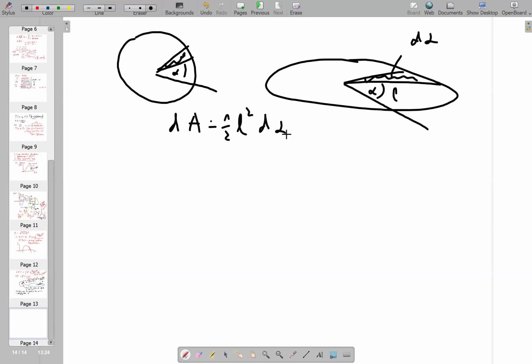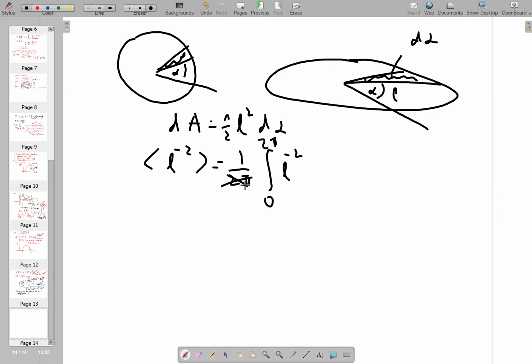Okay, so we can proceed with our calculation. Now the average of L to the power of -2 is averaging over angle, which is 1 divided by 2 pi, integral from 0 to 2 pi of L to the power of -2, divided by the total area.